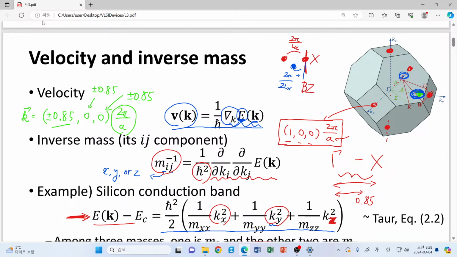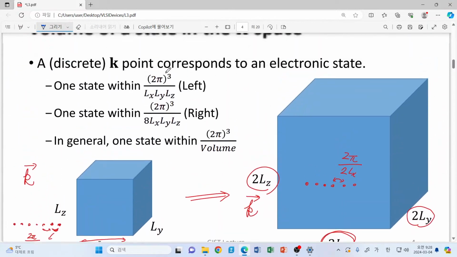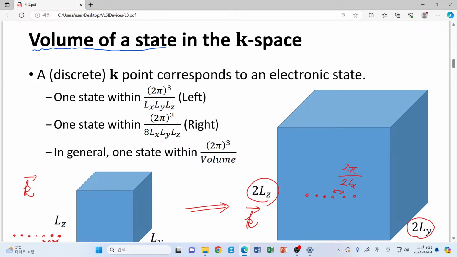Okay. So what is the main message of this consideration? When we have certain Lx, Ly, Lz directional lengths, we want to ask what is the volume of a state in K space.